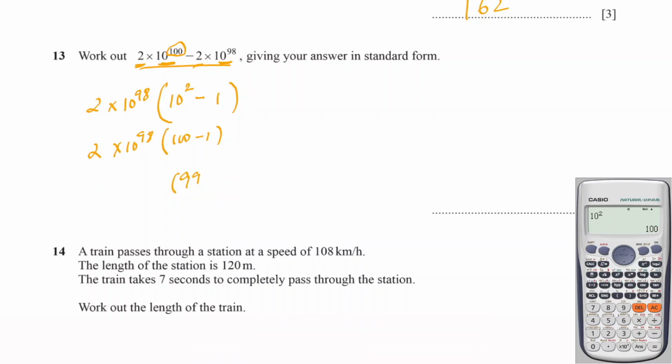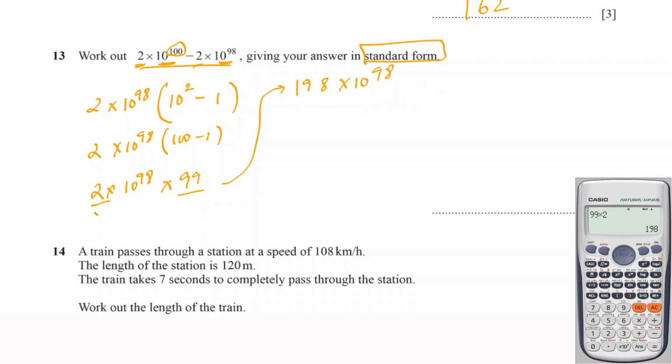So actually we can write it as 99 times 2 into 10 raised to power 98. So 99 times 2 is what? 99 times 2 is 198. I'm multiplying this with this. So 99 times 2 is 198 times 10 raised to power 98.